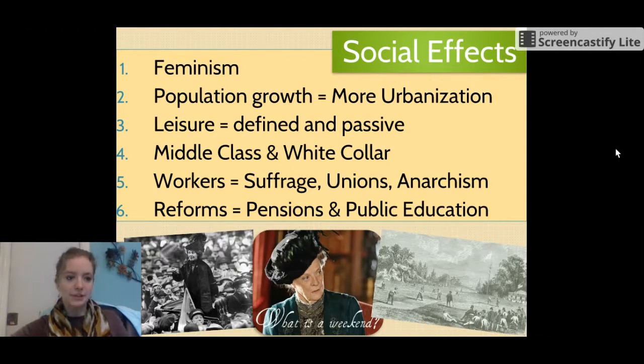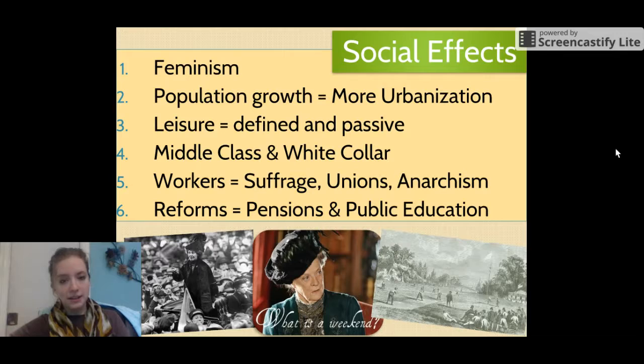Then also workers themselves are divided between blue and white collar, as white collar workers require more skill or are more sedentary, and so kind of become a class of their own as there's social distinctions made there. Workers rise as they associate between themselves and fight for suffrage rights, union rights, and then sometimes even more violently against government and institution itself in the rise of anarchism.